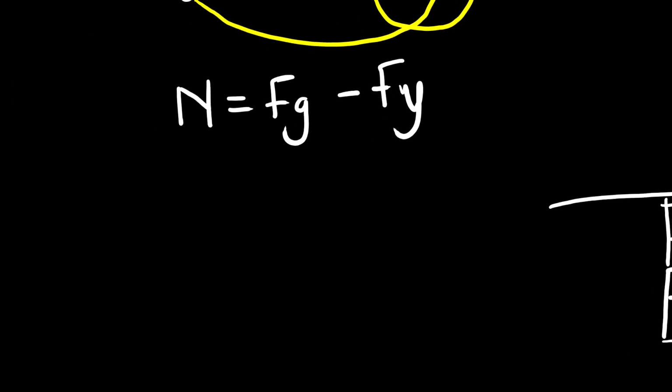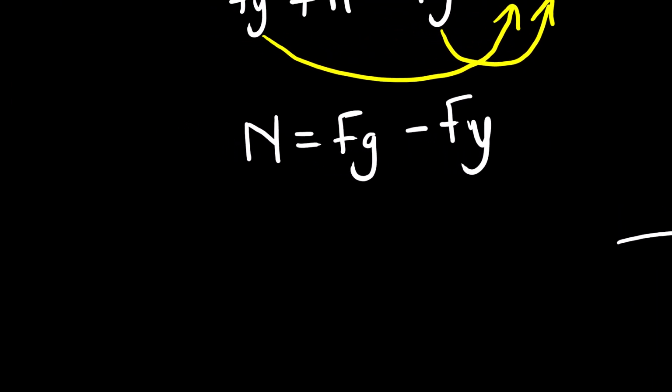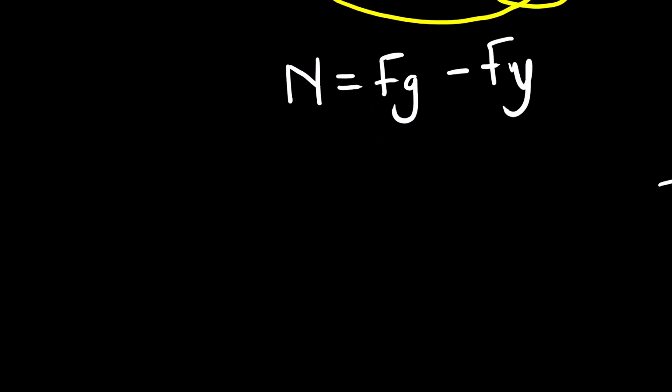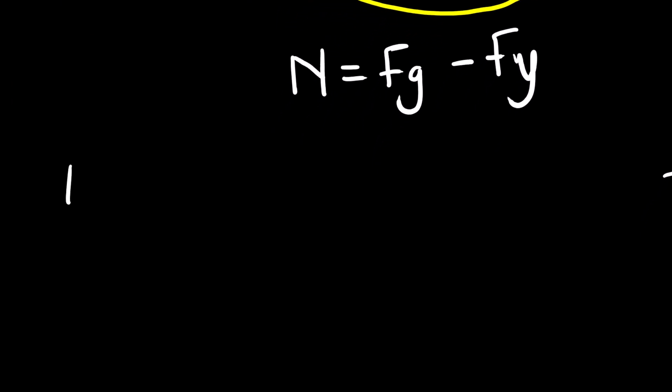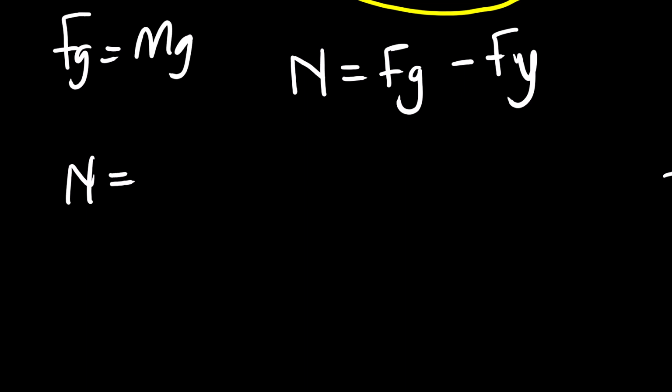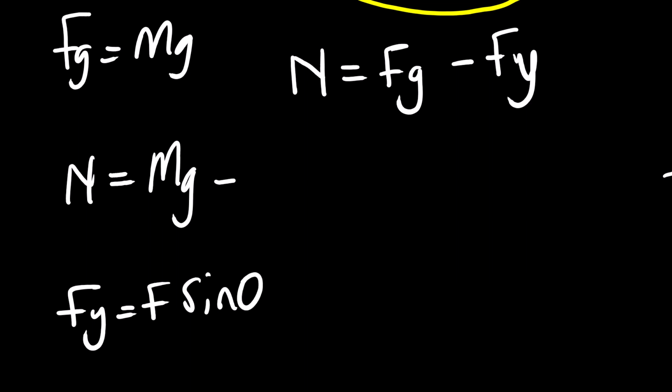Now expanding this equation furthermore, normal force is equal to, we know that Fg is equal to mg. So where we see Fg, we can substitute by mg, minus, remember flat surface, Fy is equal to F sine theta.